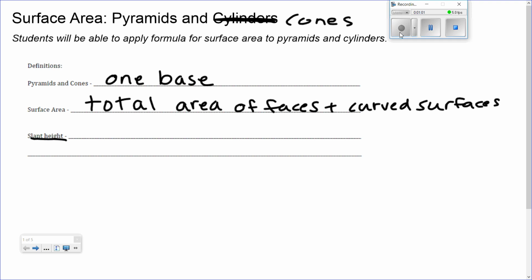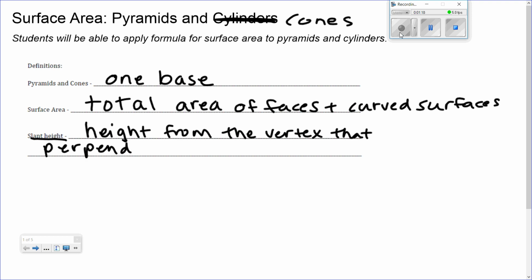They have this slant height, which is the height from the vertex that is a perpendicular bisector of a base edge, we'll call it. And we're going to see a picture of that right now.